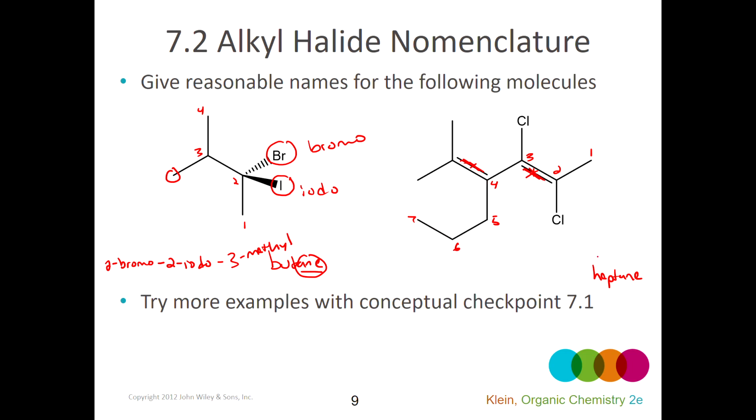So here I've got heptane as my parent chain. I've got a chloro on 2 and a chloro on 3. So that's a 2,3-dichloro. And that's a C alphabetically. The other group here is an isopropyl. I could call that an ethyl, a methyl ethyl, or an isopropyl.